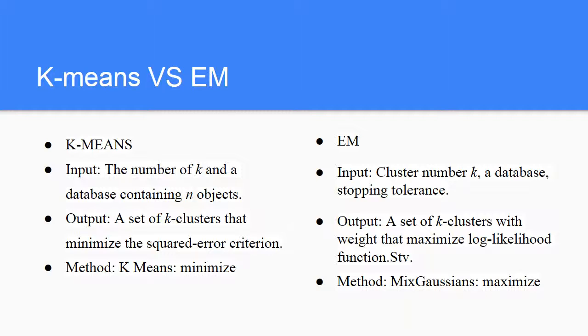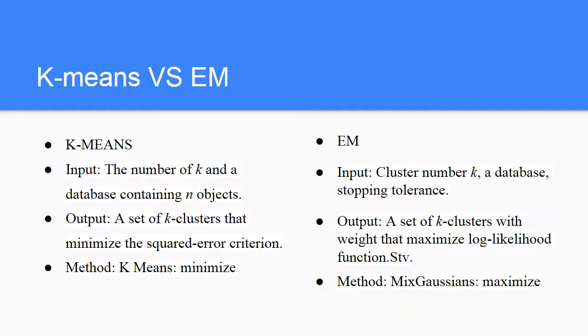This slide talks about the difference between K-means and EM. The input data format is similar, but the output has some differences. K-means only provides the mean of the dataset, but EM also has standard deviations. But the biggest difference is the method.